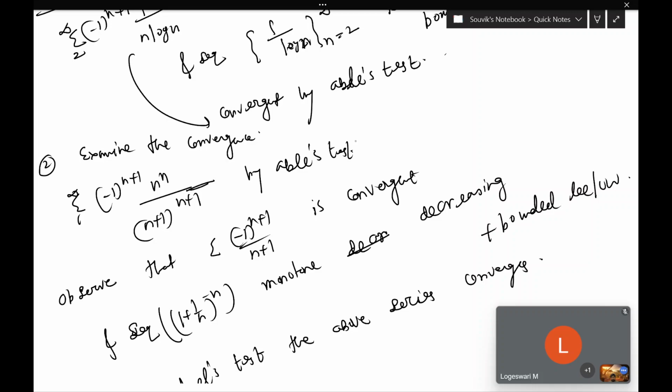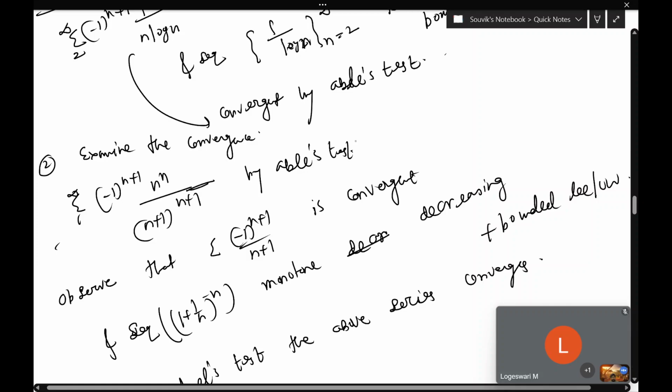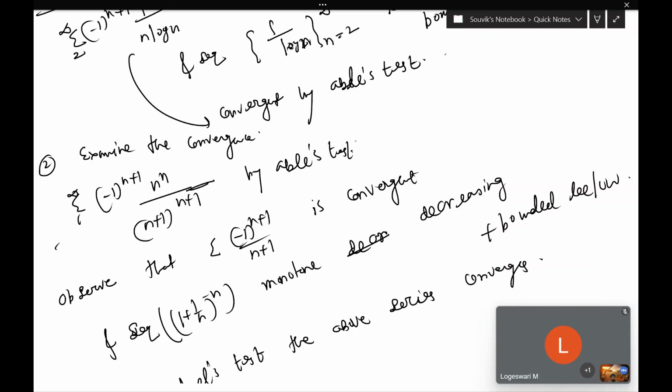And for the second example, the series summation from 1 to infinity of (-1)^(n+1) times (n/(n+1))^(n+1). First, the summation of (-1)^(n+1) is convergent by Leibniz test.